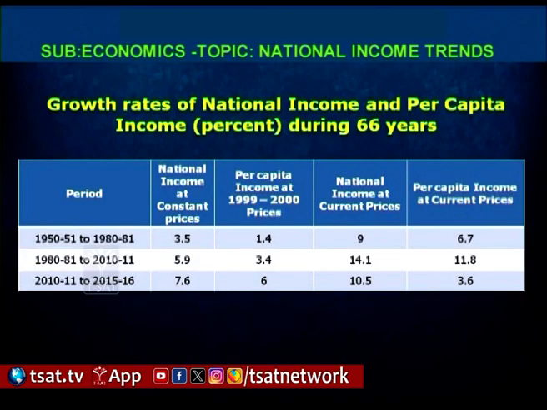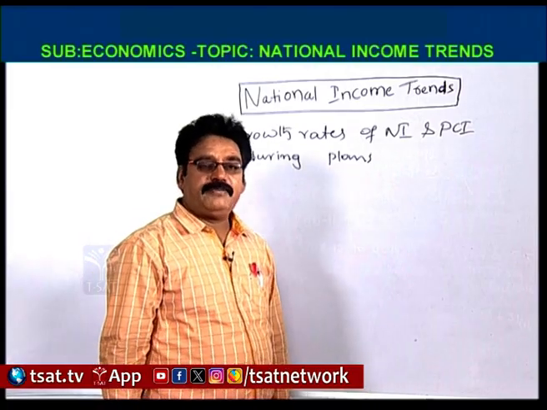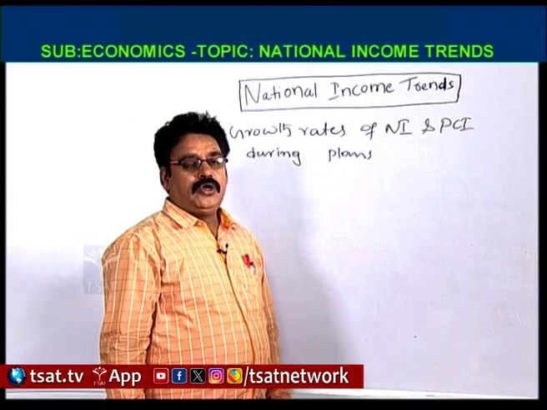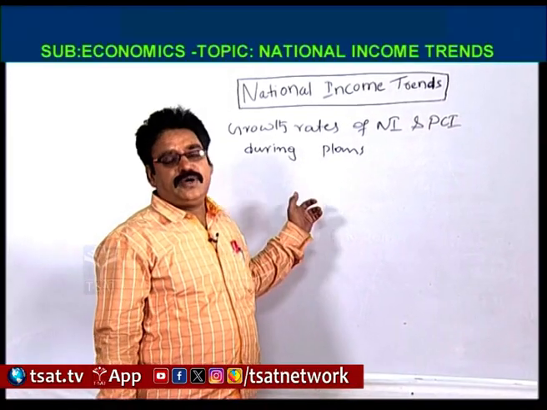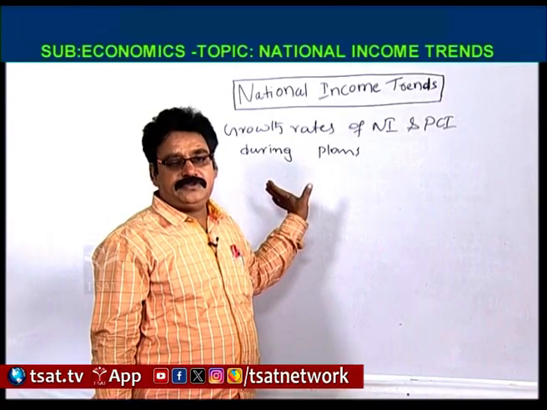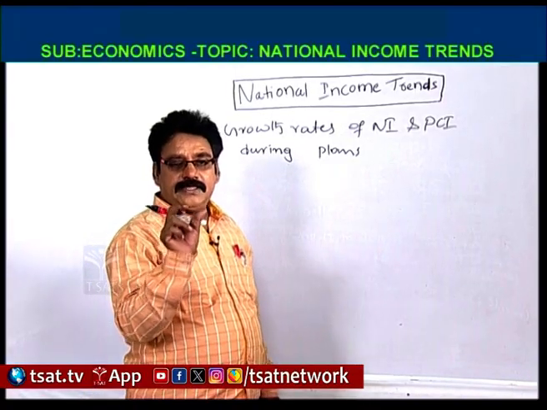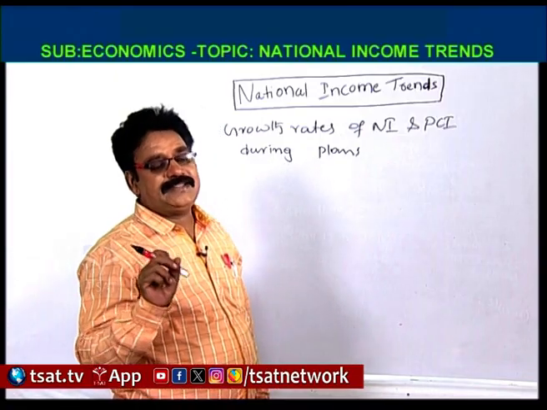These are the annual growth rates of national income and per capita income during 1950-51 to 2015-16 that we observed. Now we are going to discuss the growth rates of national income and per capita income during the plans.